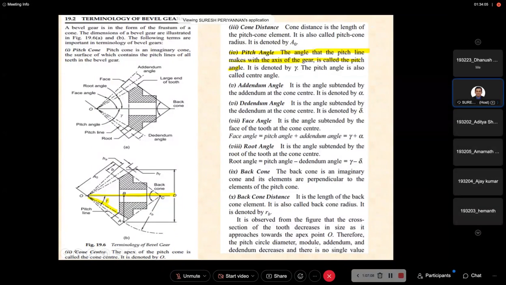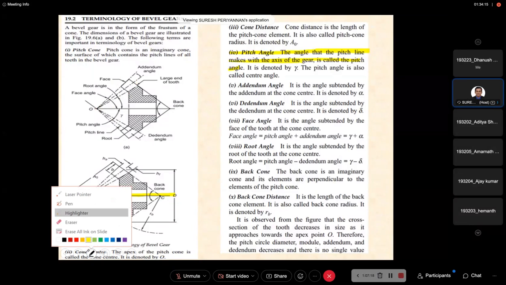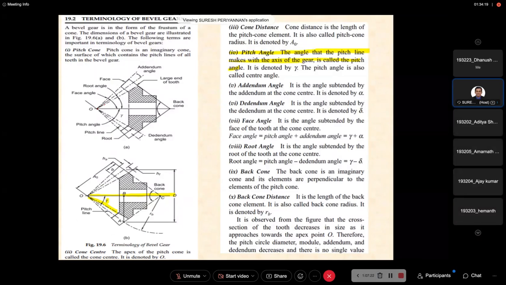Addendum angle is nothing but the angle subtended by the addendum of the cone at the center. This one. Actually, I have shared a video; first see that video and you can get it. This is the pitch line angle, and this is our addendum angle. The lower one is the addendum angle.